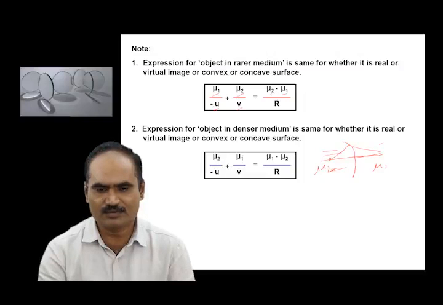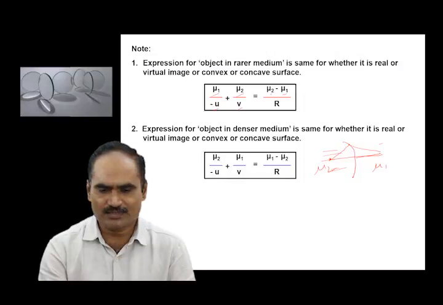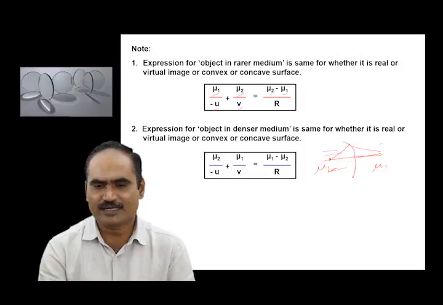So this is the refractive index of the object medium to the object distance, and the refractive index of this image medium, that is mu1 by v, is equal to second medium minus first medium, that is image medium refractive index minus object medium refractive index. This is the first medium or object medium, and this is taken as the second medium. Therefore mu1 minus mu2 by r, we'll take it here like this.